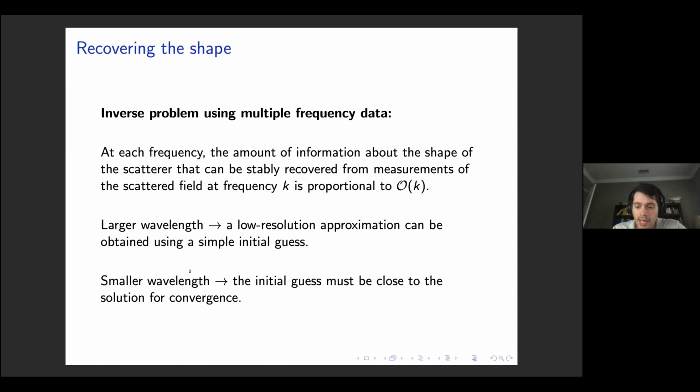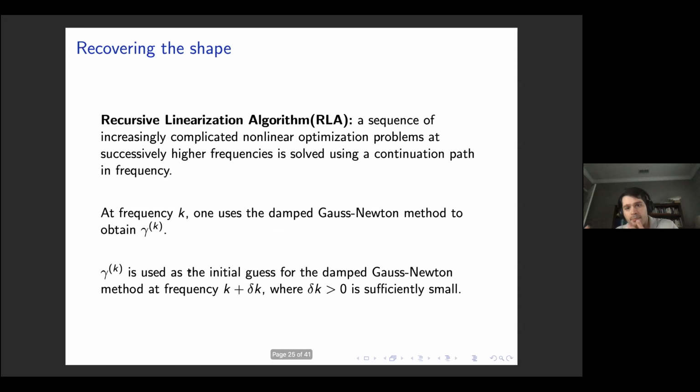So using this idea, Chen proposed the recursive linearization algorithm, which is nothing more than applying a homotopy to solve this problem, doing a continuation method in frequency for that functional that we have for the forward problem.